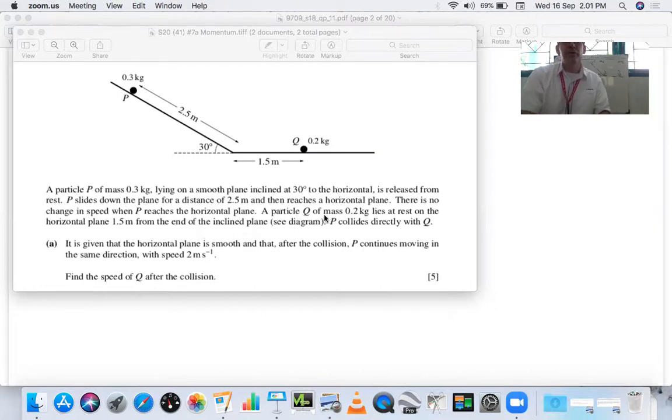A particle Q of mass 0.2 kilogram lies at rest on the horizontal plane 1.5 meters from the end of the inclined plane. It shows a diagram. P collides directly with Q. It is given that the horizontal plane is smooth and that after the collision, P continues moving in the same direction with a speed of 2 meters per second.